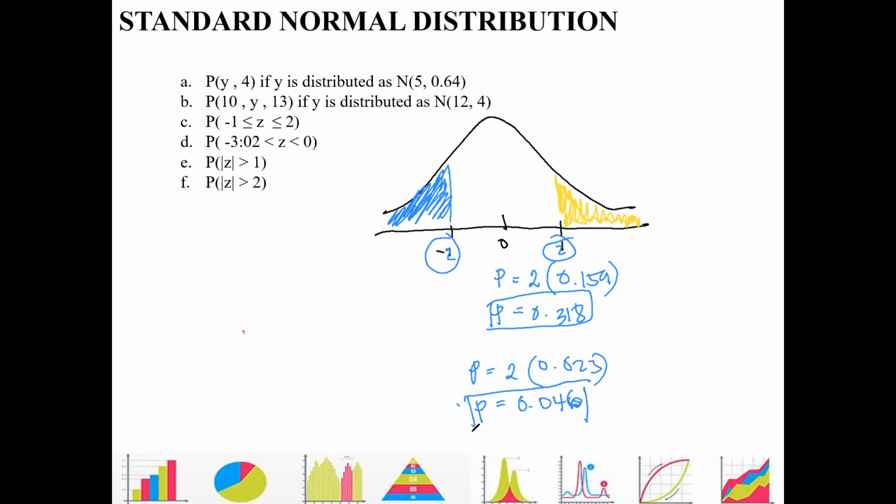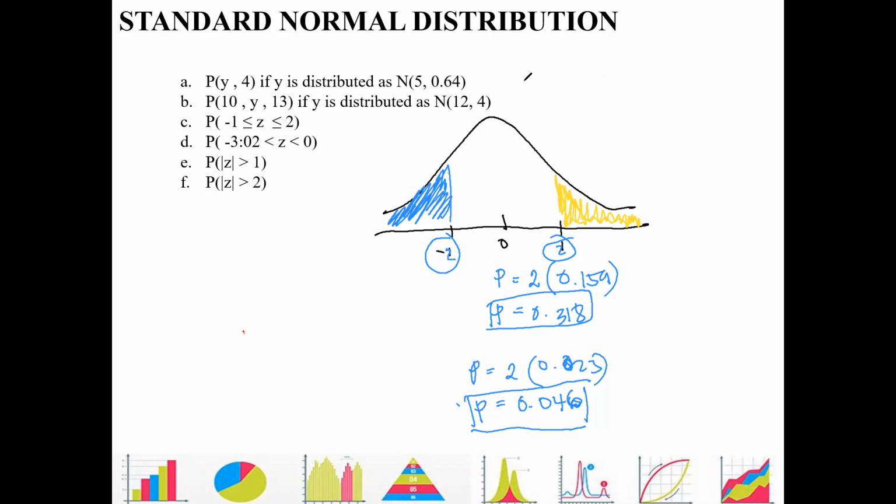Twice lang ng 0.023. So 0.046. Okay? Question? Question dito.